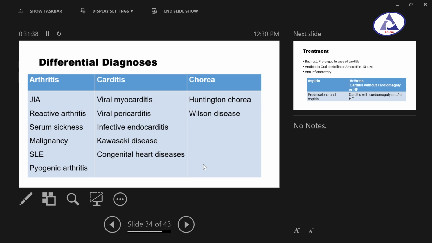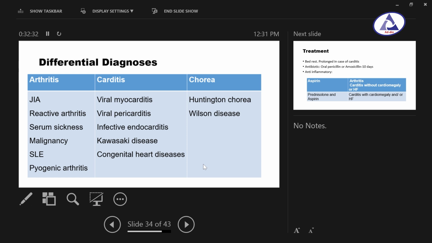Malignancy also develops arthritis, with single or multiple joint involvement, but it is not migratory. SLE, systemic lupus erythematosus, also develops arthritis, but has some other features: hemolytic features, generalized rash, butterfly or discoid rash, hepatosplenomegaly and organomegaly. In pyogenic arthritis there is a history of infection at an adjacent site or septicemia, which develops the pyogenic arthritis, with high continued fever.